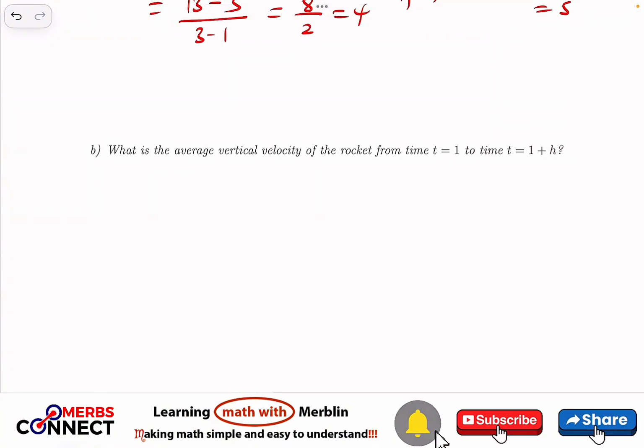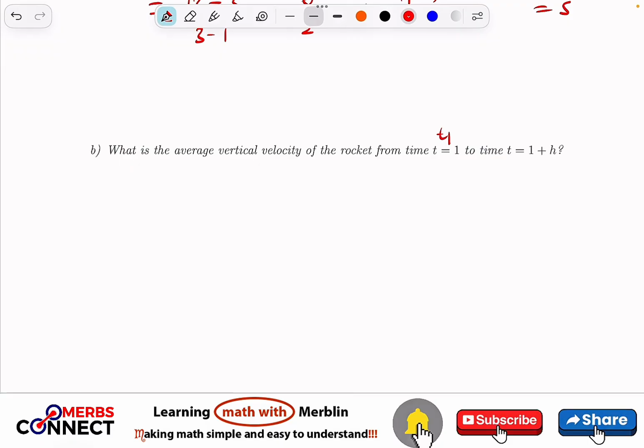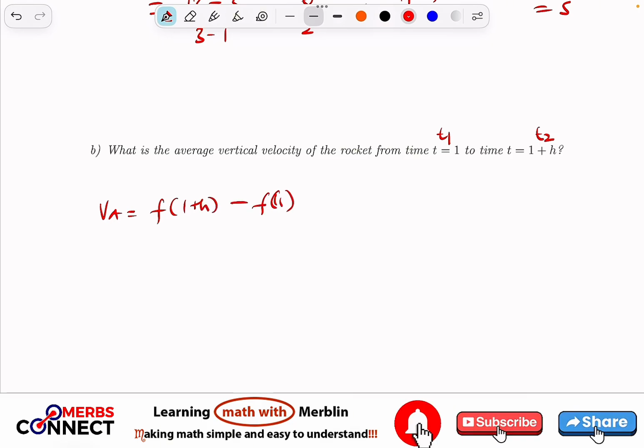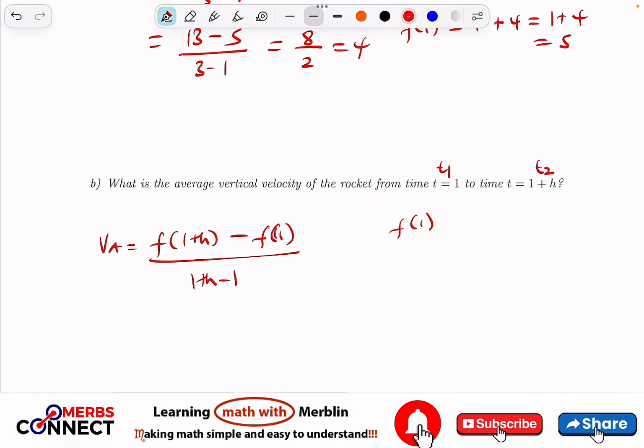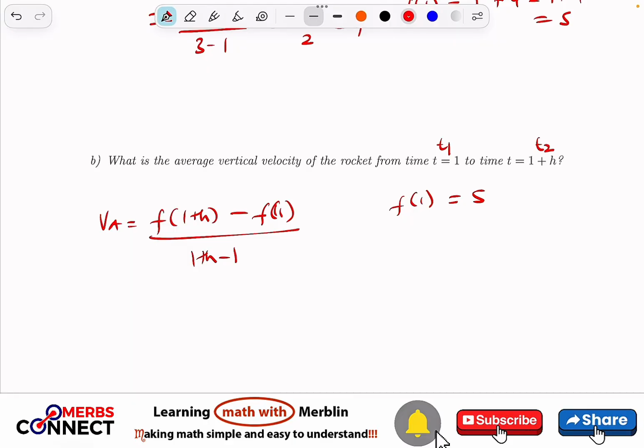Now, we want to look at when T1 is 1 and T2 is equal to 1 plus h. So this is going to give us f of 1 plus h minus f of 1 divided by 1 plus h minus 1. So we are using the same function, and f of 1 was given as 5. So we don't need to worry ourselves for f of 1. We need to try to figure out f of 1 plus h. And this is the same as the function t squared plus 4.